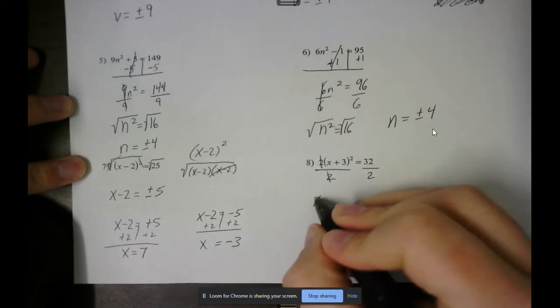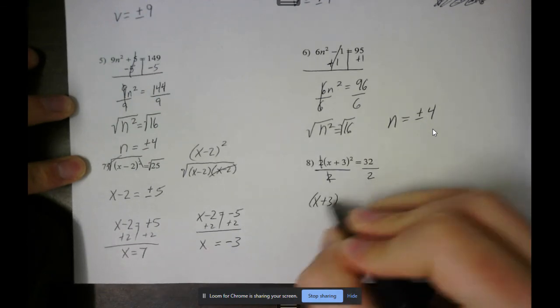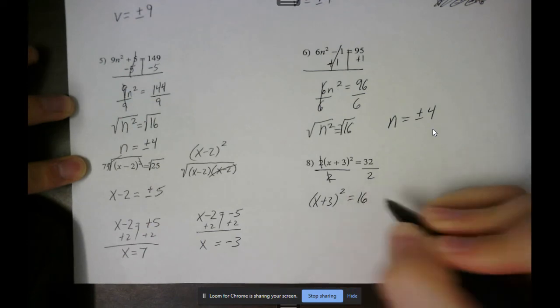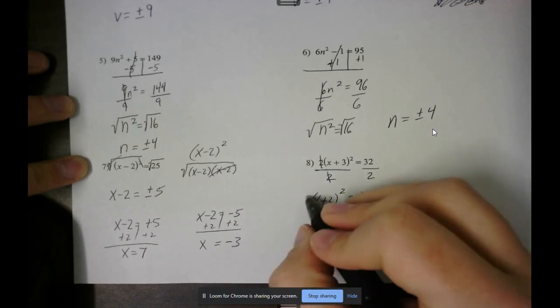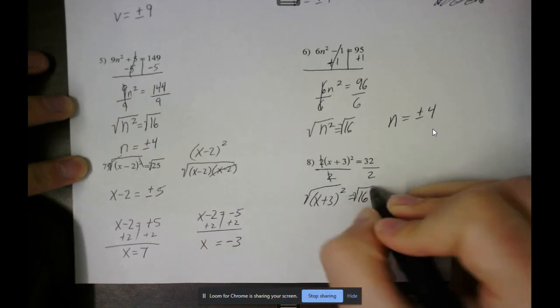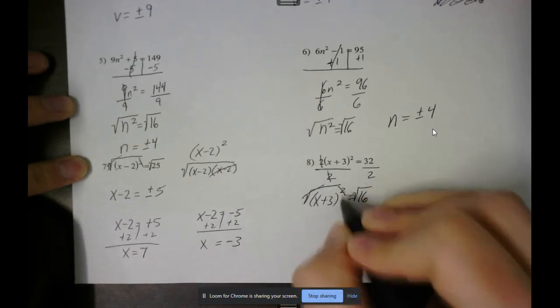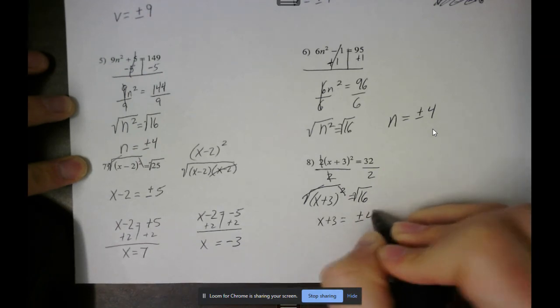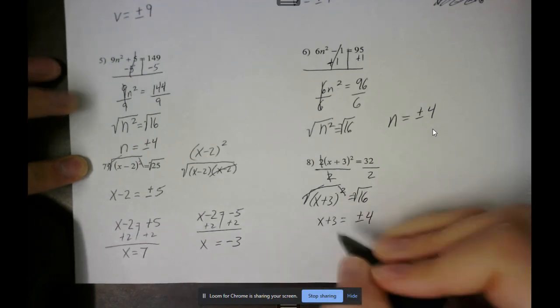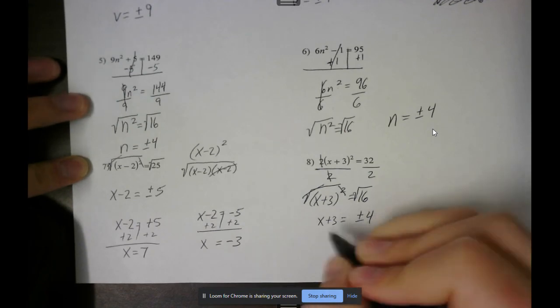And that leaves me with x plus 3 squared equals 16. Now what would be the next step? Now we can take the square root. Okay? And I'm going to get x plus 3 equals plus or minus 4. And then I need to now actually break it up so that I can get rid of that plus 3.